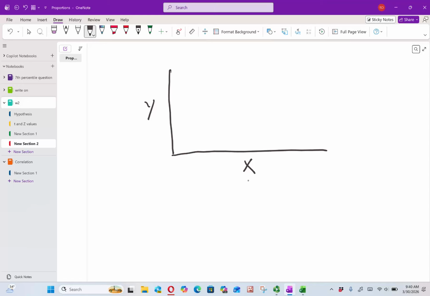This variable is called the independent variable. And this one is dependent. So I'm going to predict Y from X. So X would be the length, Y would be the weight of the fish.